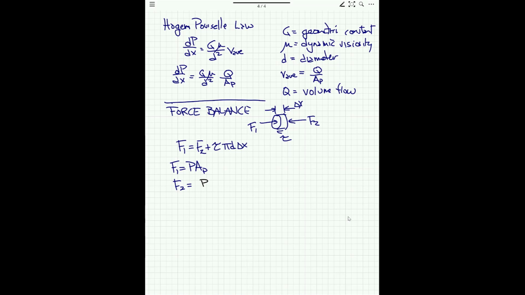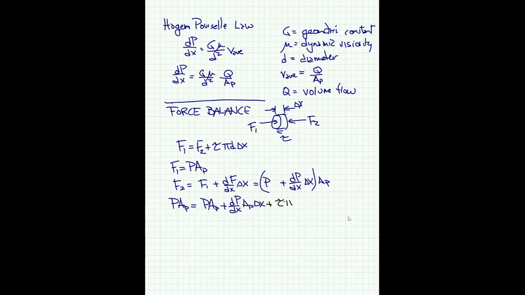F2 is equal to F1 plus dF/dx delta x. So the force balance is this. Okay, that's just this with these other relations substituted in. These cancel out on both sides. The delta x's cancel.